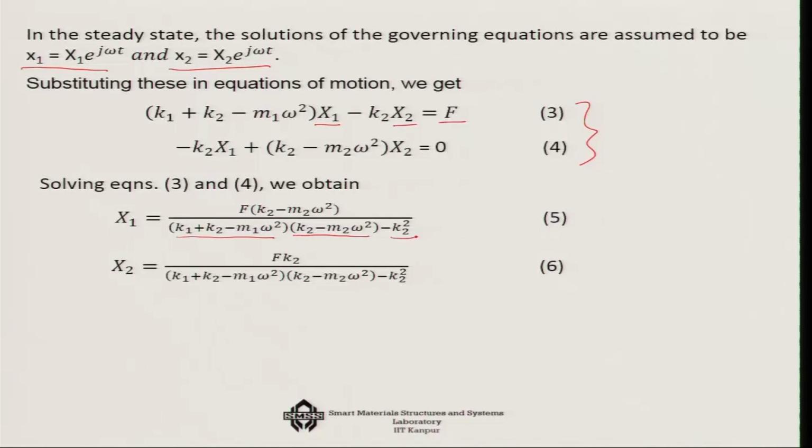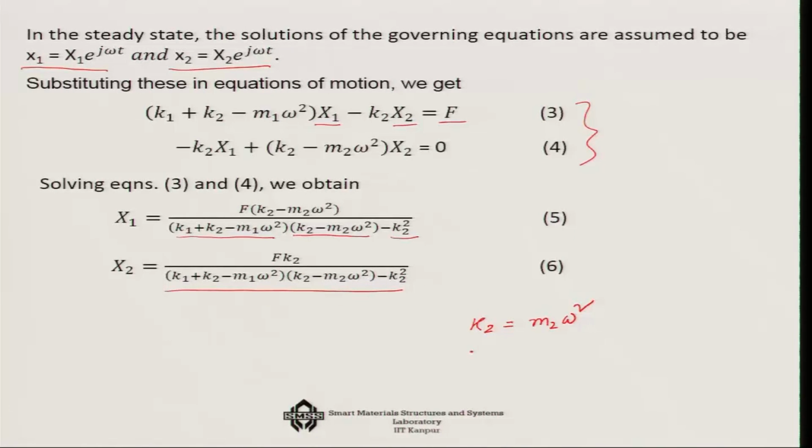And in the second case, for the secondary mass, the denominator remains the same, and the numerator becomes F times k2. So, what happens when, for example, k2 becomes equal to m2 omega square?